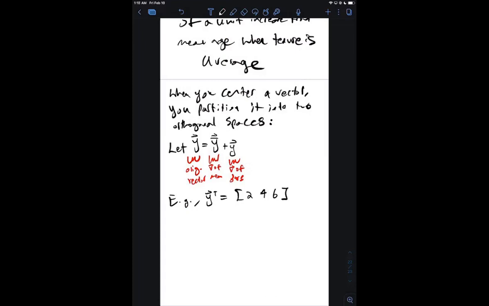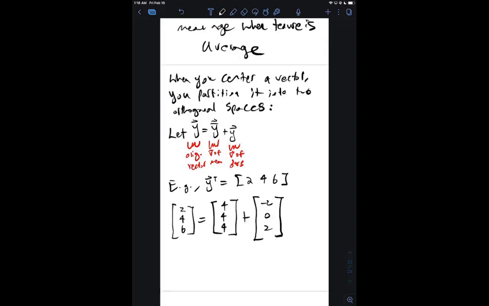And then we can say 2, 4, 6 equals, so hopefully you can immediately see that the mean is 4, plus negative 2, 0, 2. Right? And you can check the math for yourself there. So that's true.